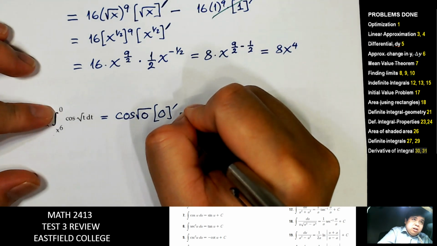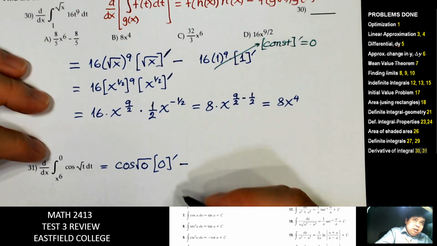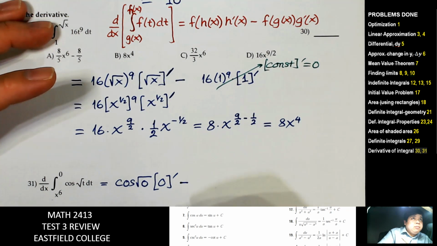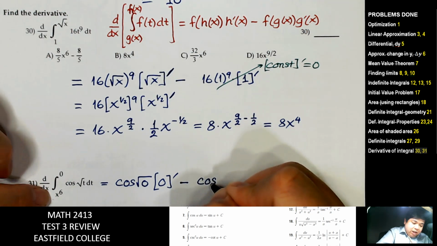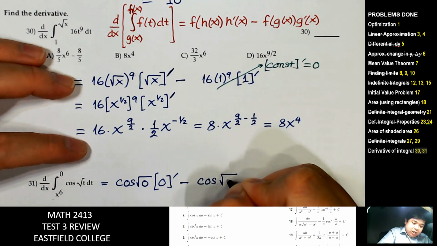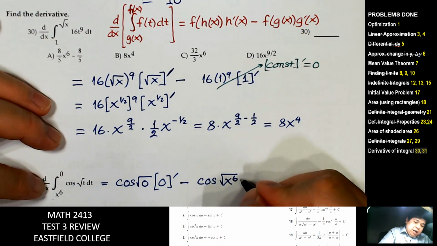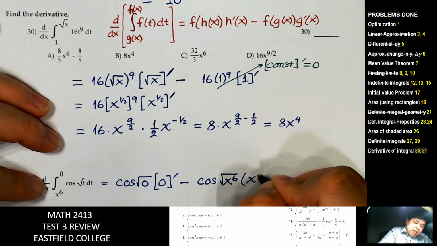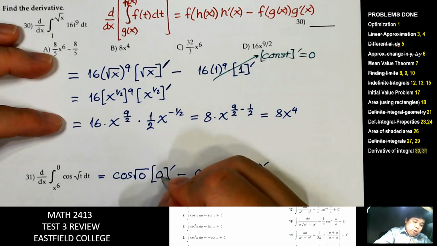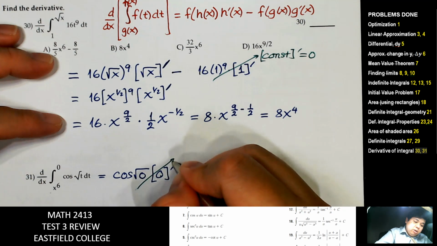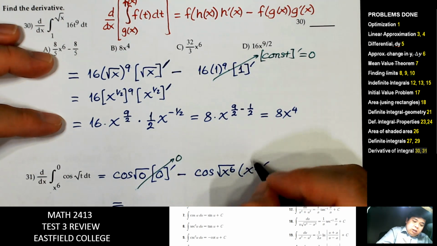For the upper limit, the bottom limit has to be minus. We substitute x to the 6 into t, and then the derivative of it. Now just like we did before, the derivative of a constant is 0, so that is 0. So we end up with x to the 6.